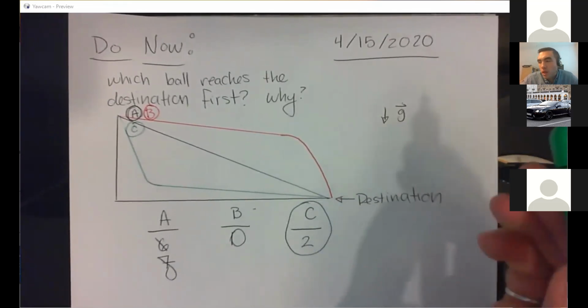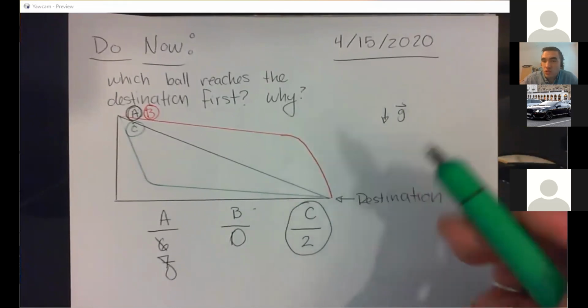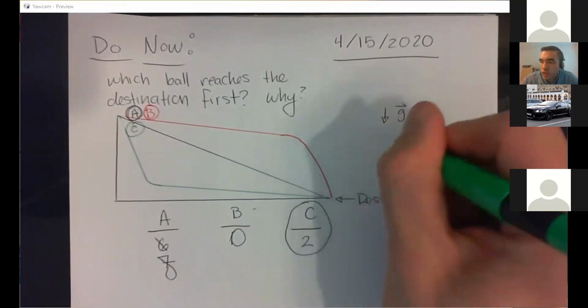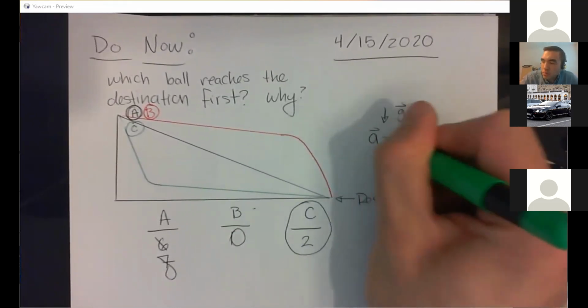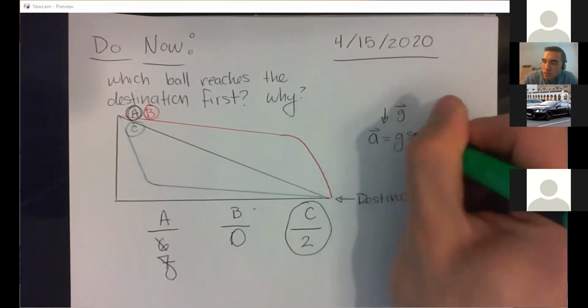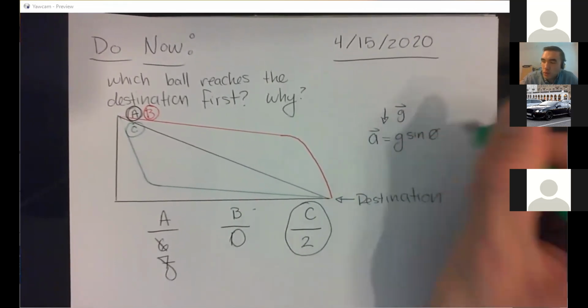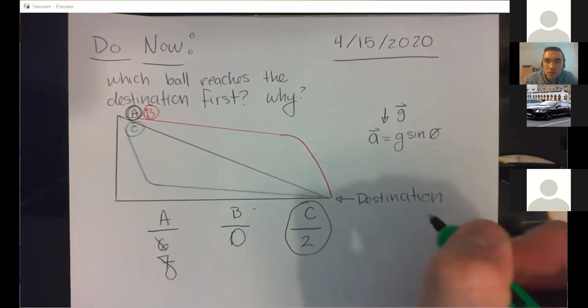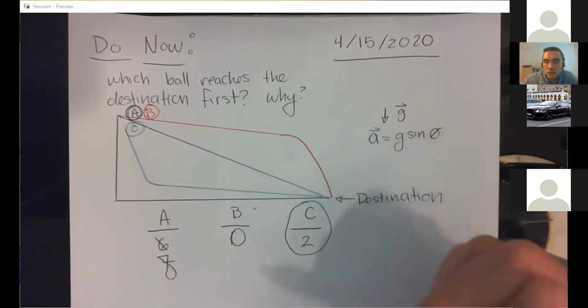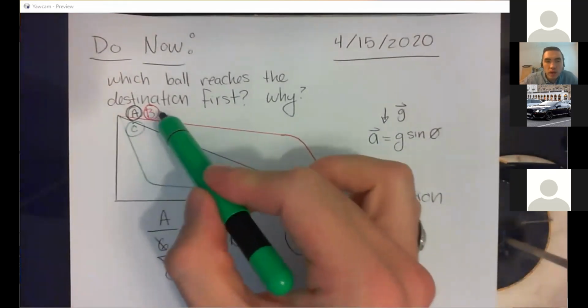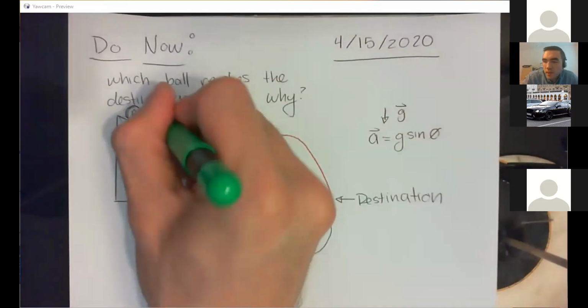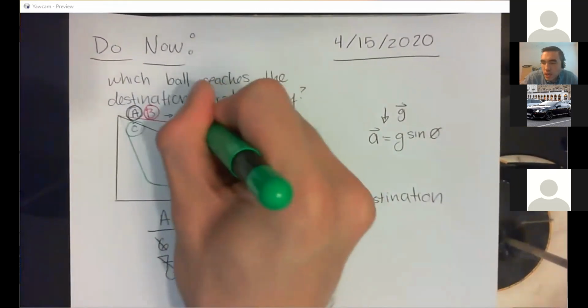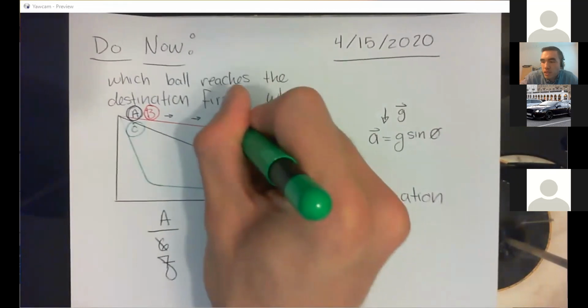Here's the deal. The acceleration in the direction of the ramp, the acceleration a, is always going to be equal to g sine theta, which is just a fancy way of saying the steeper the ramp, the greater the acceleration. And so here at this initial part for pathway B, this acceleration is going to be teeny tiny because the angle of the ramp is teeny tiny.